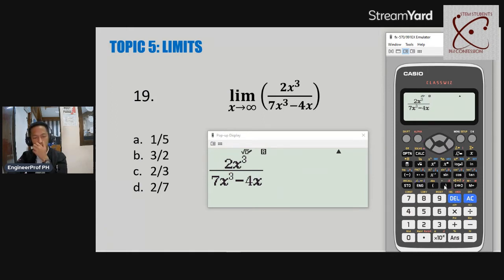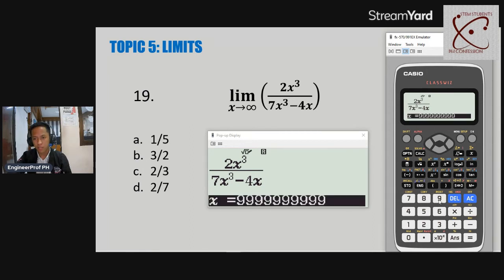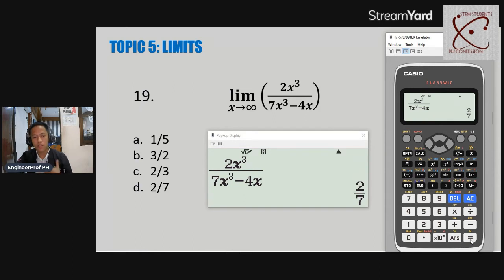Ayun. So, after you input the value, press CALC, then input again a very large number. Okay, it will definitely give you the limit. Okay? So, ganun kadali guys mag-compute ng limit using your calculator. Okay? So, the answer for this problem is 2/7. You can take a screenshot para mamaya you can take this as practice problem.